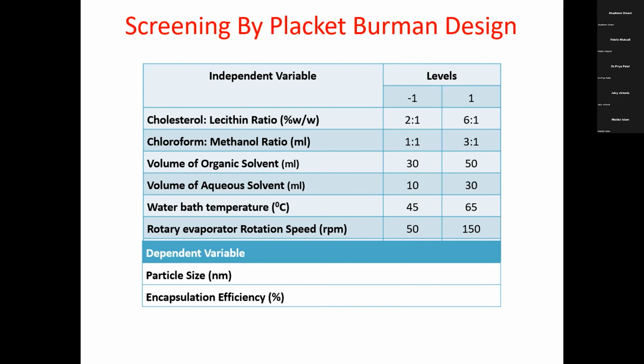And we need to rectify those factors to get an optimized, effective formulation. So as a part of DOE, design of experiments, first we apply the Plackett-Burman design for screening purposes, to check which parameters highly affect the quality of our formulations.